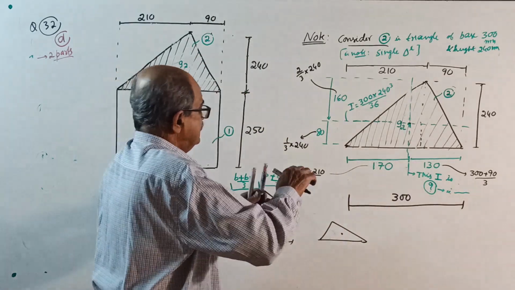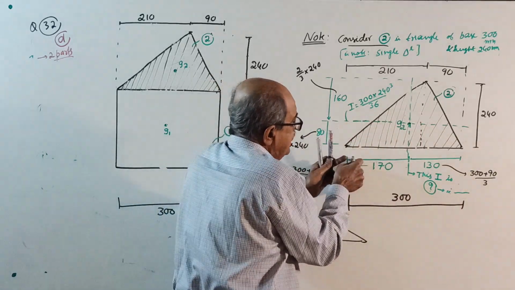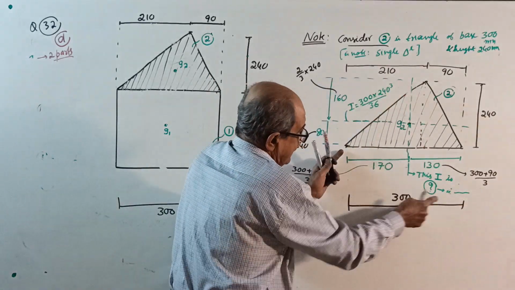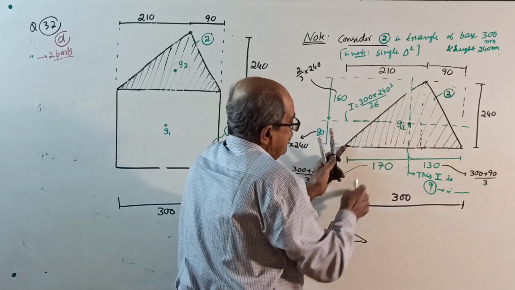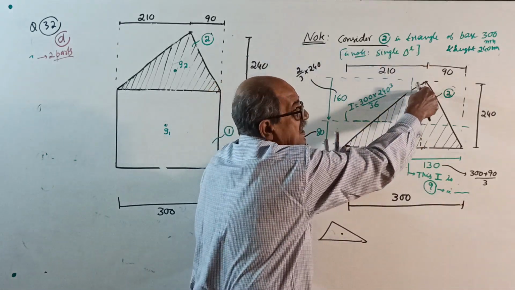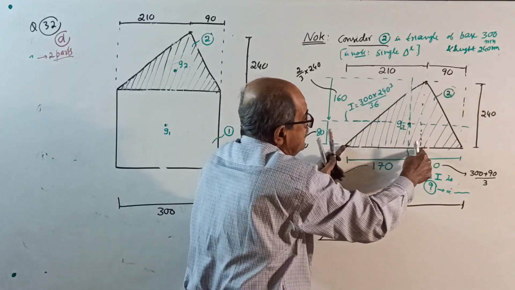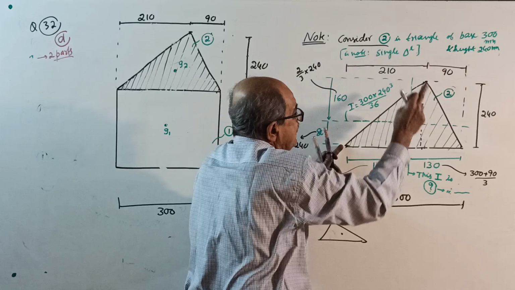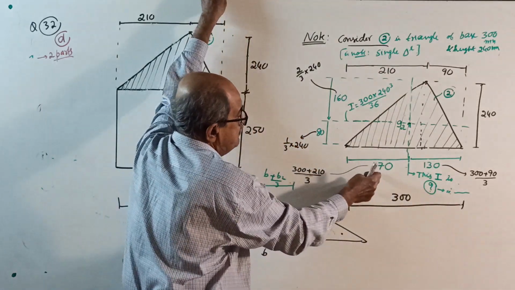So, for now do one thing, come here. For this distance CG, from here the distance is the full base 300 plus, from here up to here, the cut base, where the highest point is, or if I project the perpendicular here, 210 divided by 3. 300 plus 210 is 510, by 3 is 170.